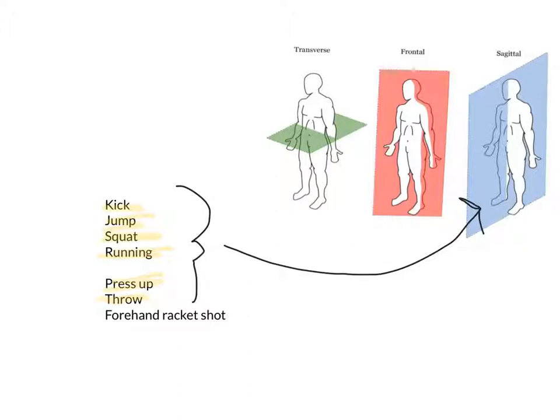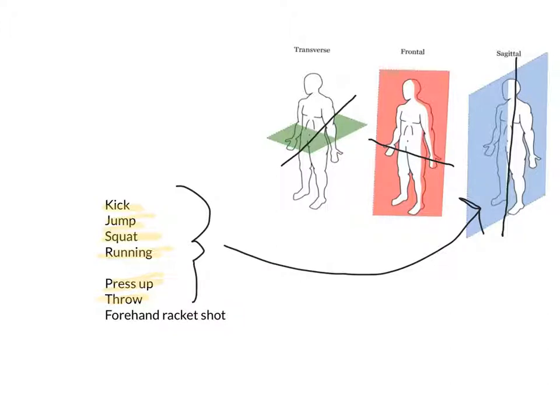So now all we need to do is work out what axis it is working on. So remember, we've got our longitudinal that goes through the head. We've got our sagittal that goes through the belly button. And then we've got a transverse that goes through the hips. Now the axis that works for all these, kick, jump, squat, running, press up and throw, is the transverse axis.